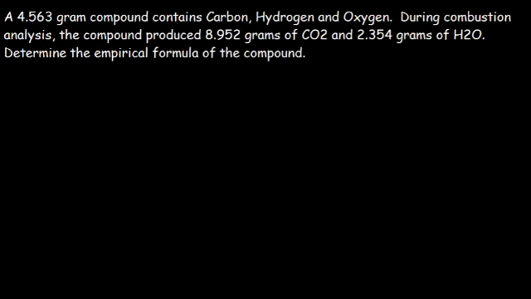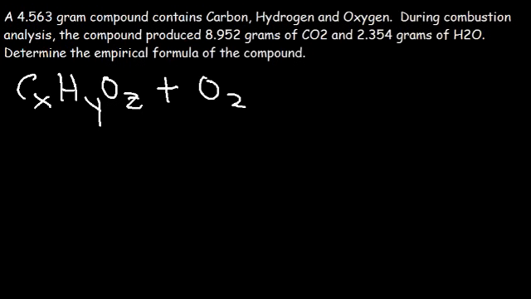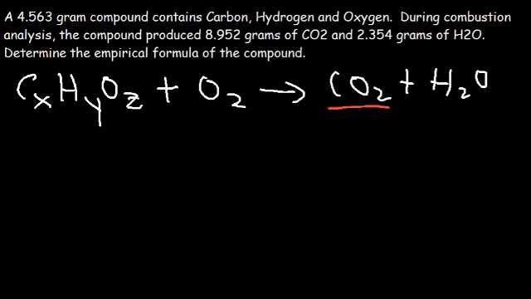Now, what do you think the first thing that we need to do in this problem is? There's something important that you need to realize. If we write a reaction, we know the compound contains carbon, hydrogen, and oxygen, but we don't know what the subscripts are. In a combustion reaction, it's going to react with O2, and it's going to produce CO2 and water. Now, here's what you need to know. The moles of carbon found in CO2, and the moles of hydrogen found in H2O, are equal to the moles of carbon and hydrogen found in this compound.